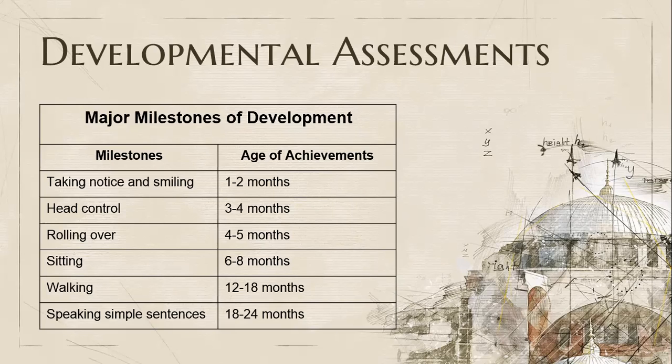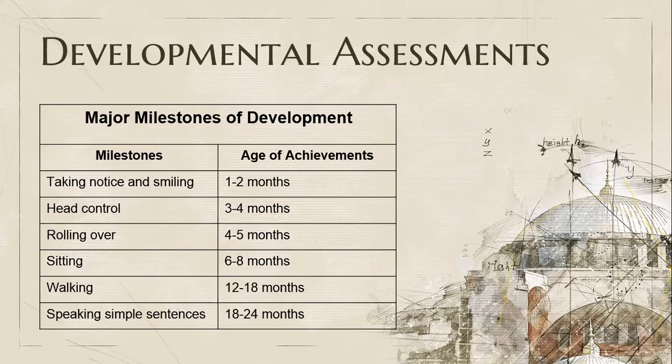Head control in the 3 to 4th month: in between that period, if the baby's head got control, it means the age of achievement is completed. And in the 4 to 5th month, rolling over: if the baby rolls over, it means that it is achieved.